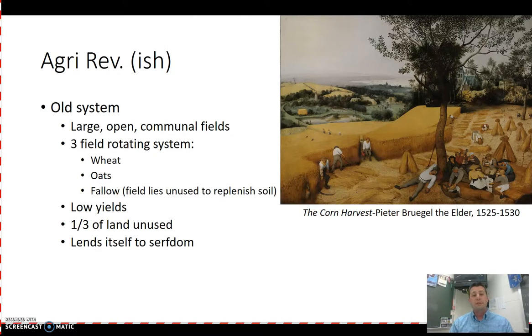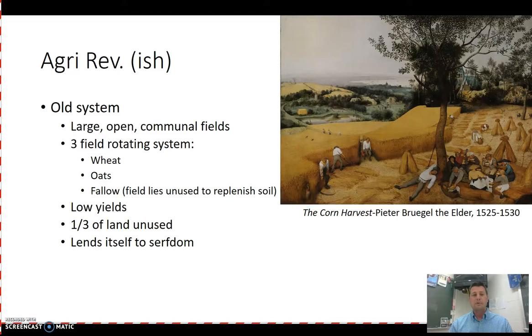This system is a three-field rotating system. You have your large, enormous field divided up into three parts. One is going to be growing wheat, one oats, and the other one is going to be what we call lying fallow, meaning it's not being used at that time to ensure that nutrients can get back into the soil. If you don't introduce nutrients back into the soil, what you end up with is a situation like the Dust Bowl, where the land no longer becomes arable, no longer becomes farmable.